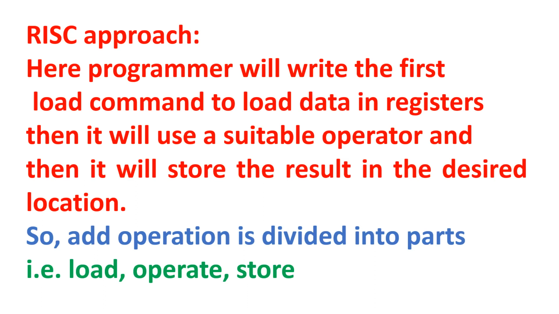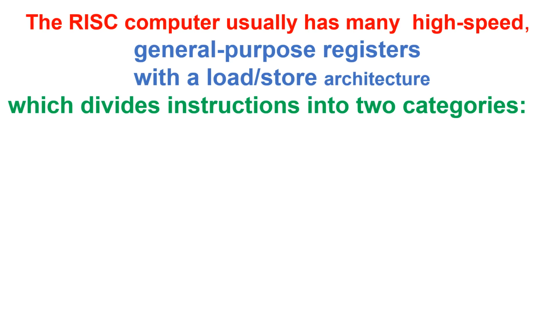In the RISC approach, the programmer will first write the load command to load the data in registers, and after loading, the suitable operation will be done and the result of the operation will be stored at the desired location. In this way, an add operation is divided into load, operate and store steps.